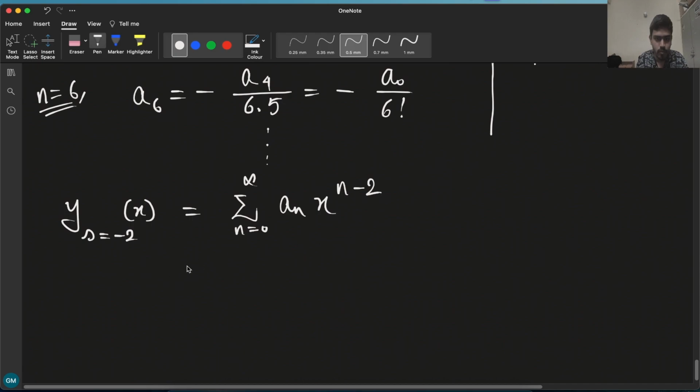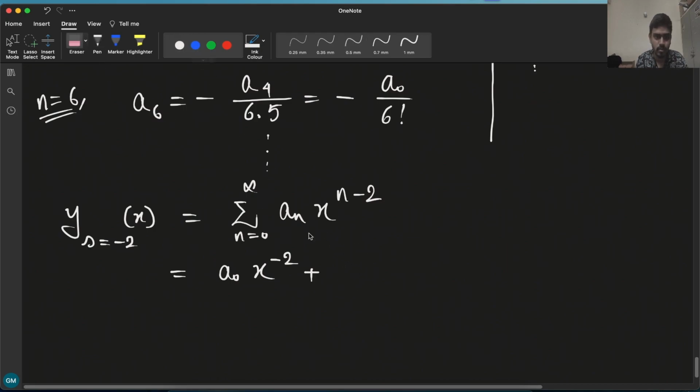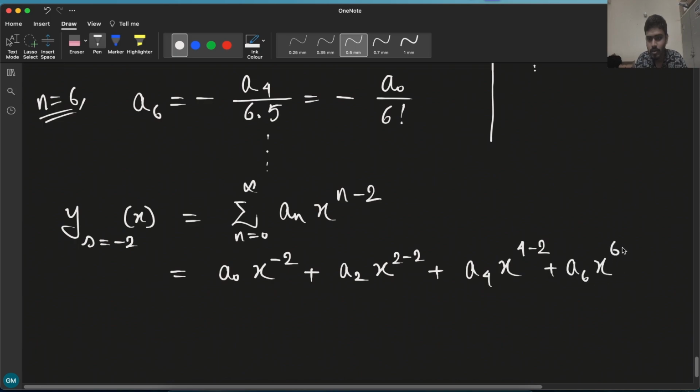Then the series will be a0 x to the power minus 2, plus a1, sorry, a1 is 0, so I am not writing these terms, plus a2 x to the power 2 minus 2, plus a4 x to the power 4 minus 2, plus a6 x to the power 6 minus 2, plus dot dot dot, all the even indexed terms.